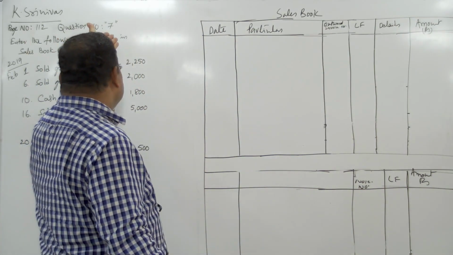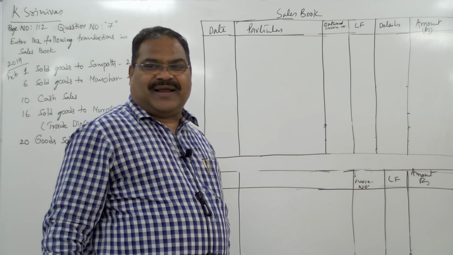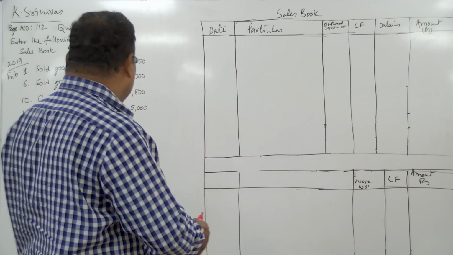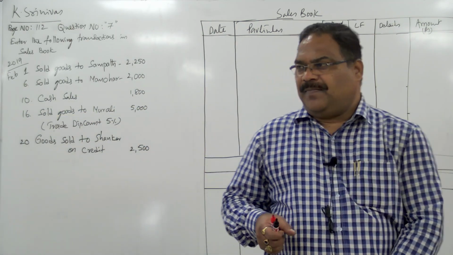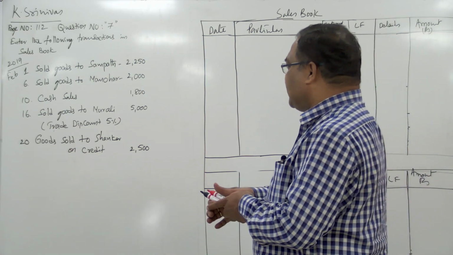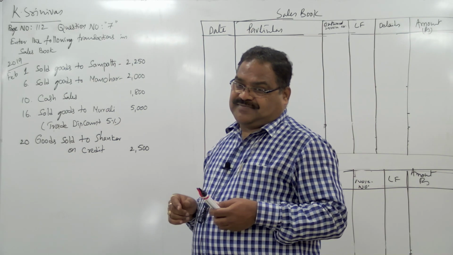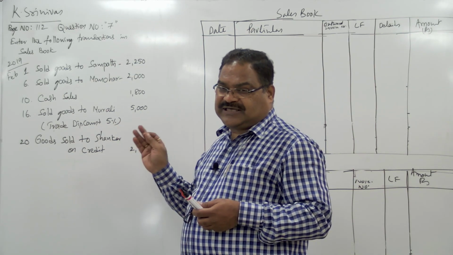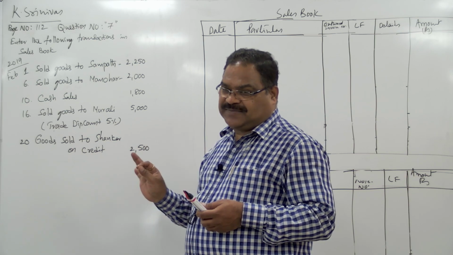For your information, I have written the problem here. This is question number 7, page number 112 from your Telugu Academy book. Now we are entering into the problem. The first transaction is here: sold goods to Sampath. You should try to understand whether it is a cash transaction or credit transaction.